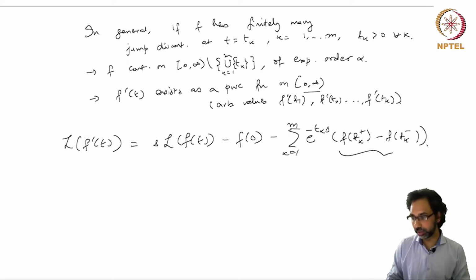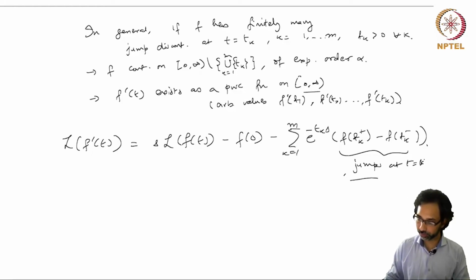So these are again jumps at the respective points t equal to tk. This is the general formula for when you have finitely many jump discontinuities.